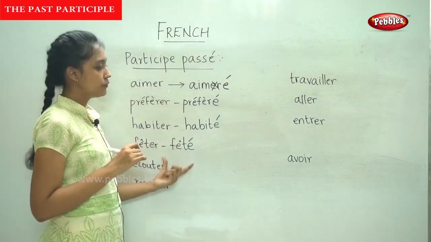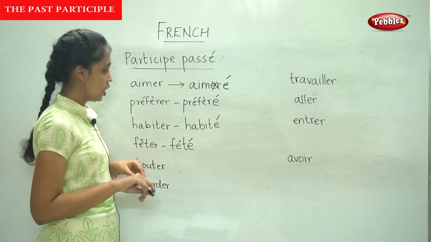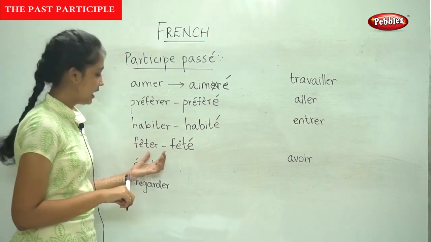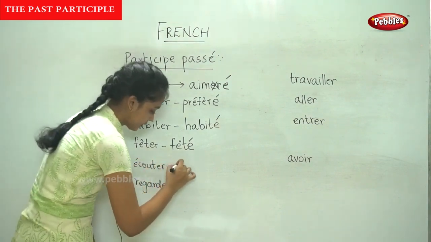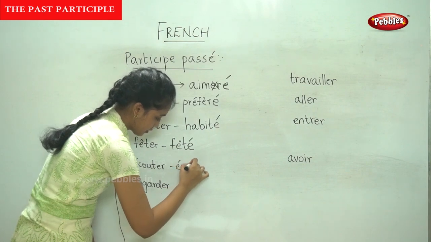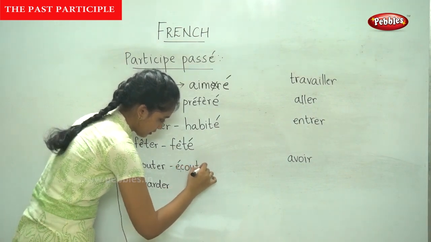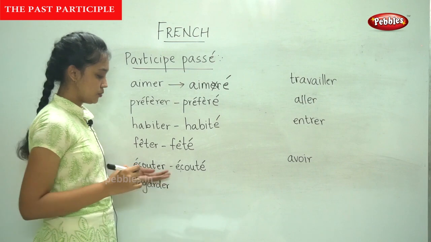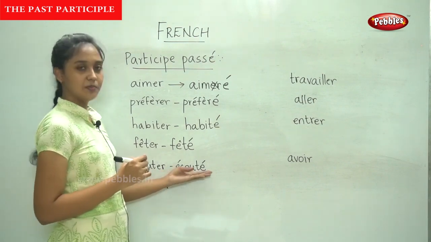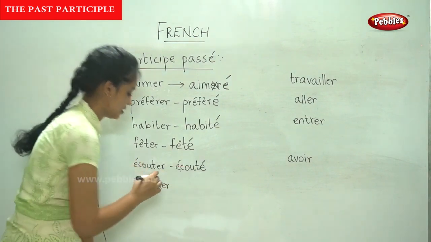So, you know how to form the past participle of these ER verbs. Remove ER and add E with an acute accent.